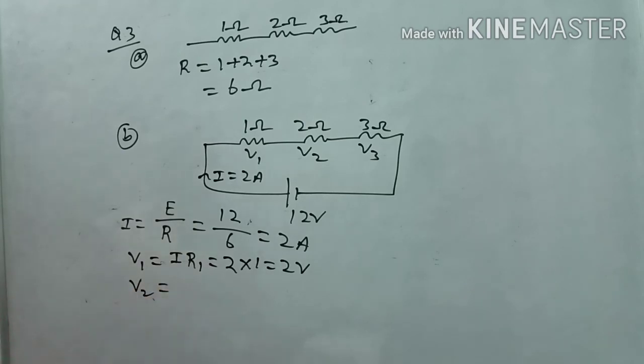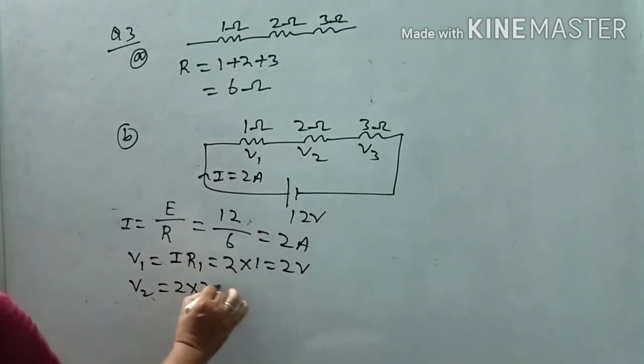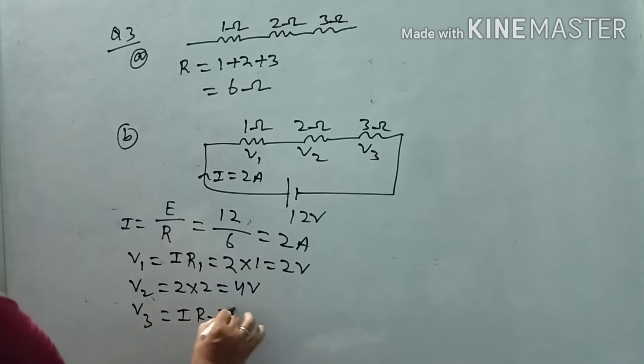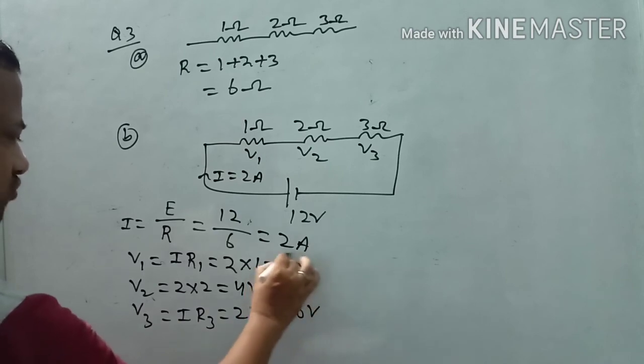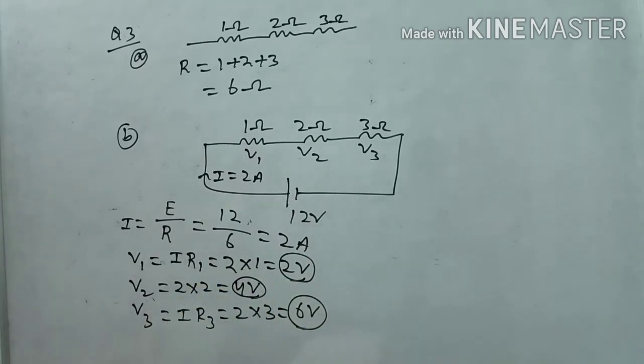V2 is 2 into 2, that is equal to 4 volt. Similarly students, V3 is equal to current I into R3. I is 2, R3 is 3, 6 volt. So answer is 2 volt, 4 volt, 6 volt. In this way we can solve numericals.